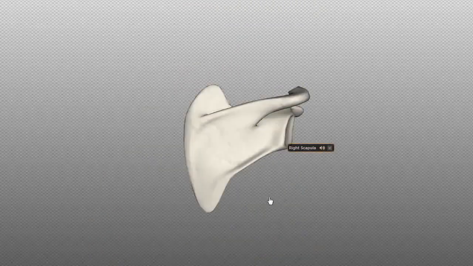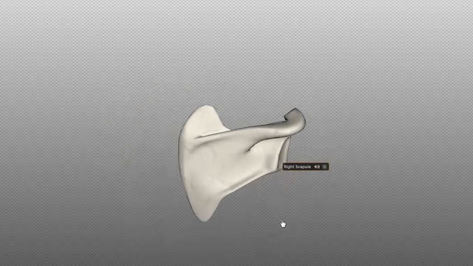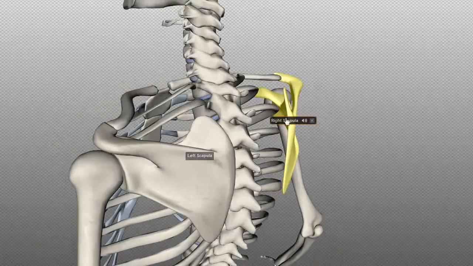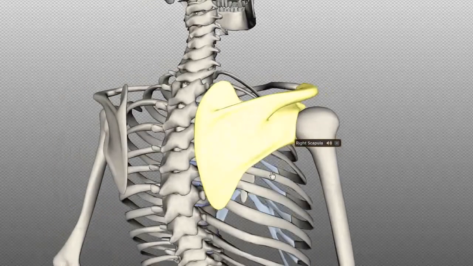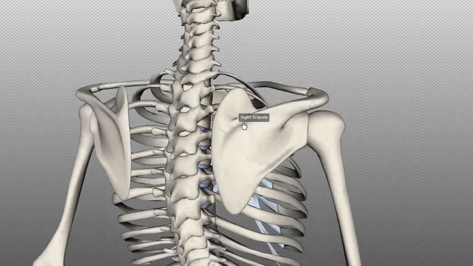You've also got two surfaces of the scapula: the posterior surface and the anterior surface. The anterior surface is the costal surface, which lies against the ribs, and the posterior surface is obviously at the back of the scapula. The posterior surface is divided by the spinous process into two halves.